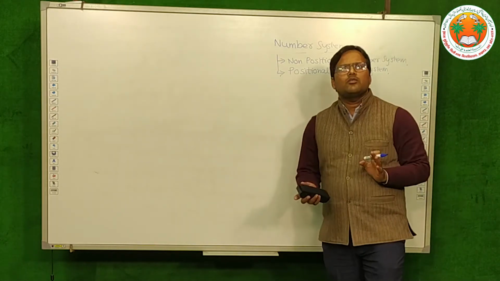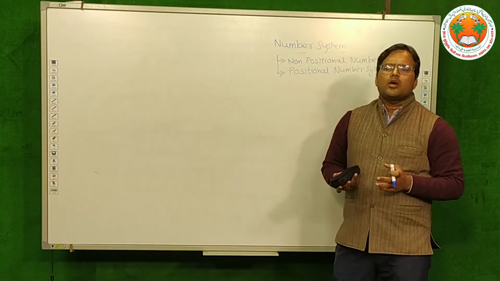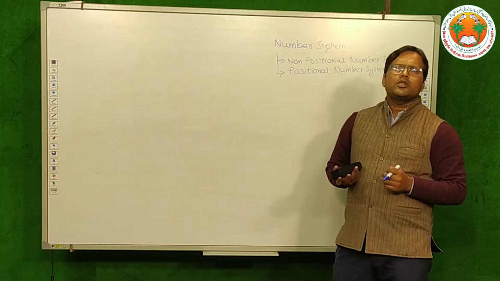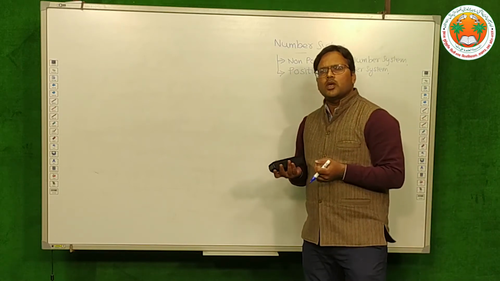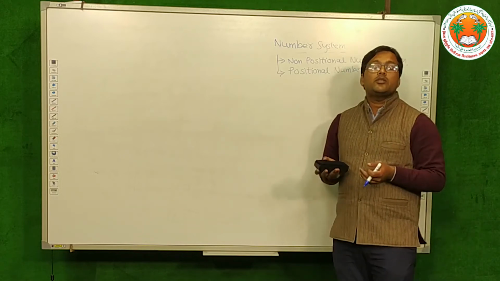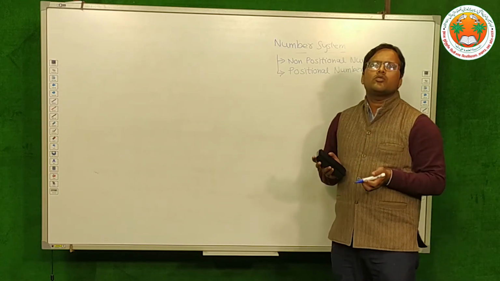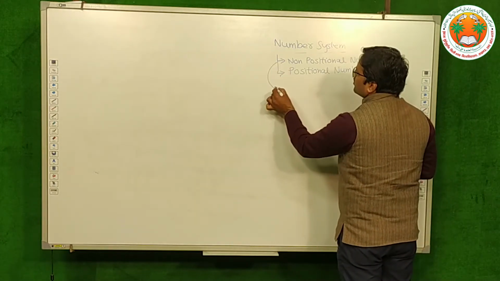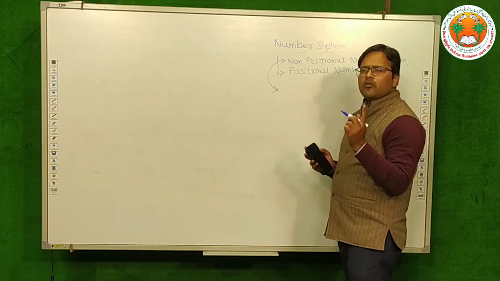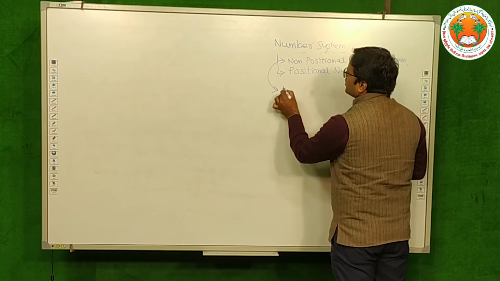In the non-positional number system, we used to count the numbers using our fingers, pebbles, stones, and sticks. Suppose we are going to count one, then one stick was used.